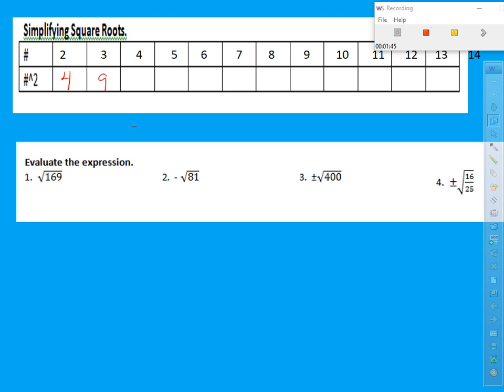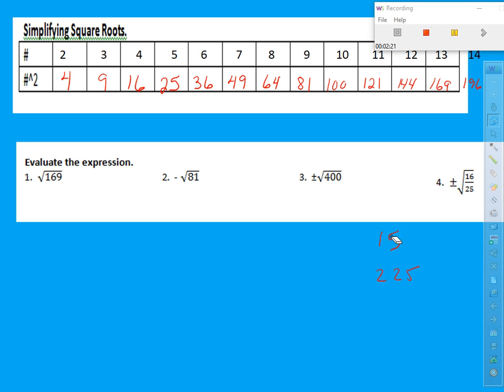Let's go ahead and just fill out the rest of that. We should see a 16, a 25, a 36, a 49, a 64, 81, a 100, a 121, a 144, a 169, a 196, and if you've got room to go one more row, put a 15 there and a 225.